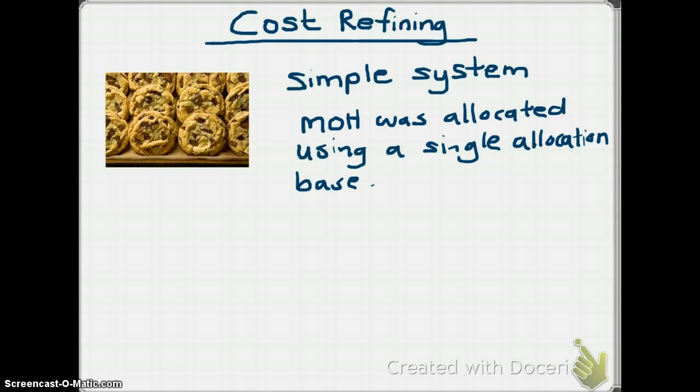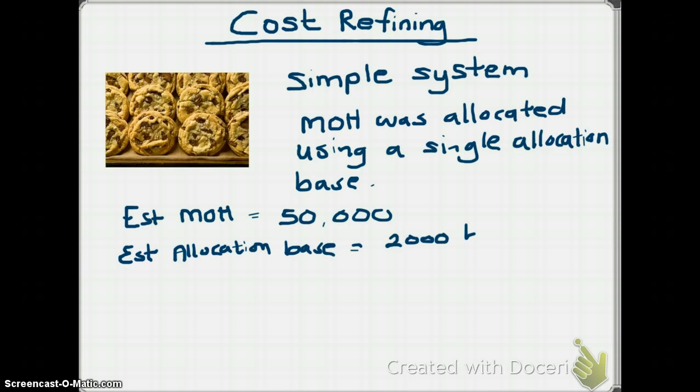We looked at our estimated manufacturing overhead. We looked at what would be a cost driver for the company and used that as an allocation base to allocate manufacturing overhead. Let's say that this particular company had an estimated manufacturing overhead of $50,000, an estimated allocation base of 2,000 hours.